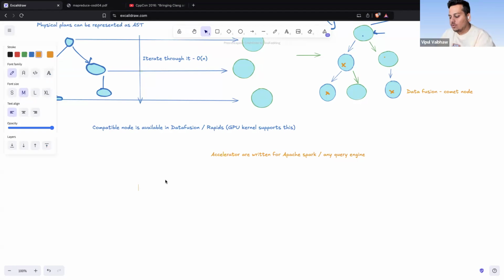I'll write it here just to avoid confusion. Comet is the accelerator.